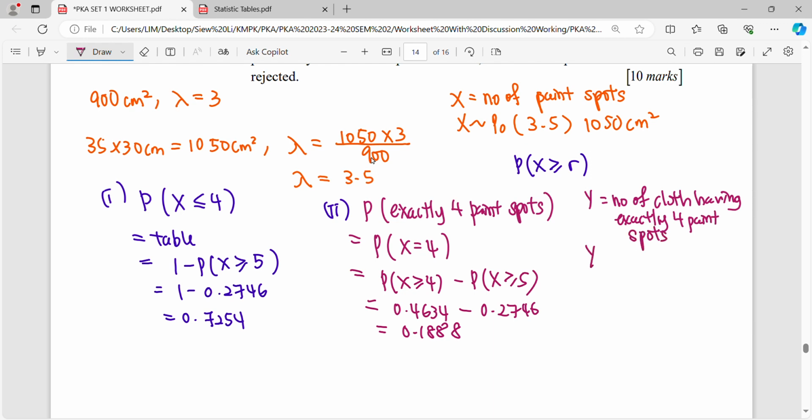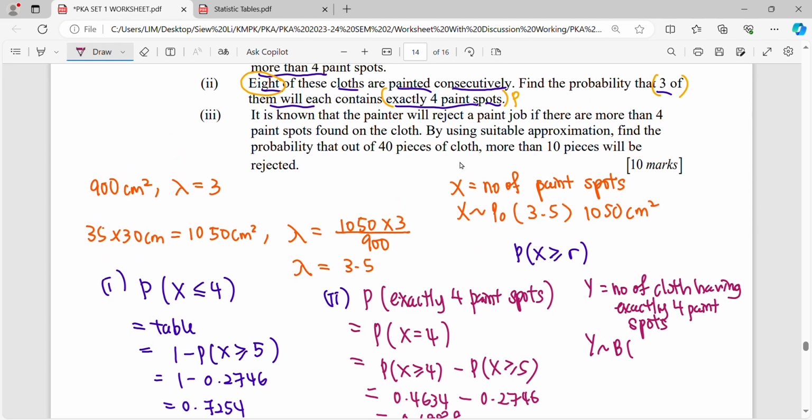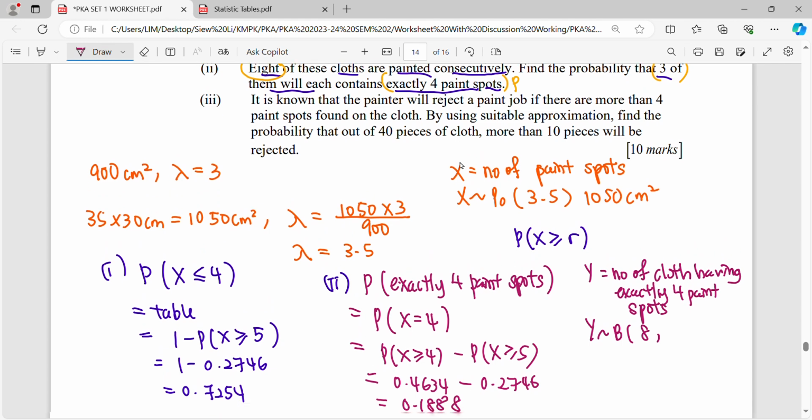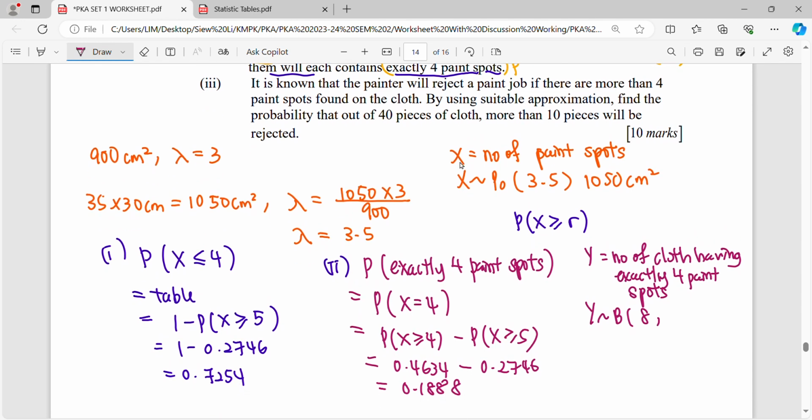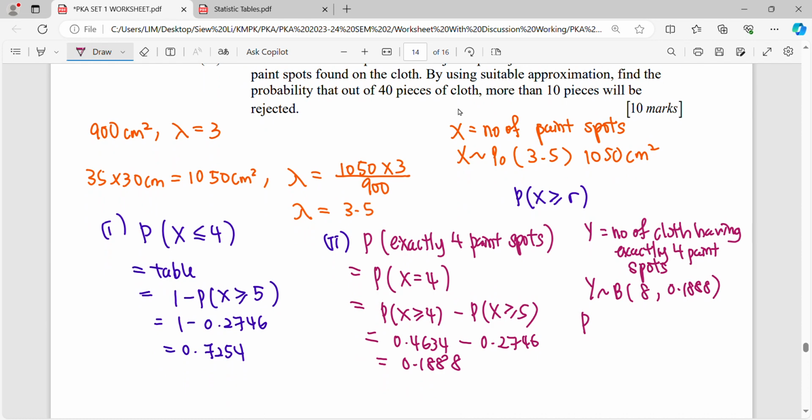So Y is distributed binomial with the sample given here, 8. The probability of getting exactly 4 paint spots is 0.1888. And they ask us to find the probability that 3 of them, so exactly 3. Y equals 3.